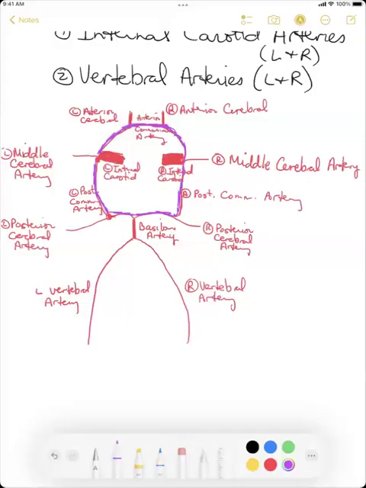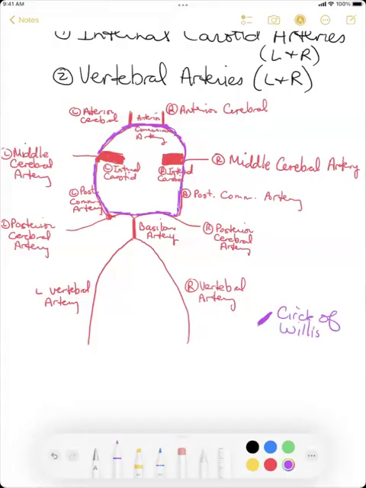All of the arteries sort of communicate with each other. And this purple region that creates a circle is literally called the circle of Willis. I think there is another name for it that doesn't use somebody's name. I don't know what that is off the top of my head.